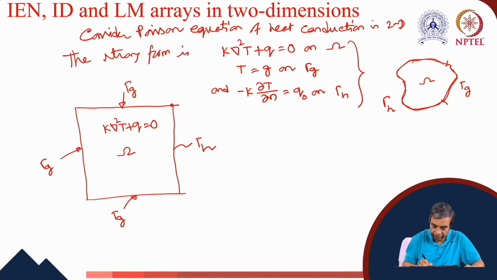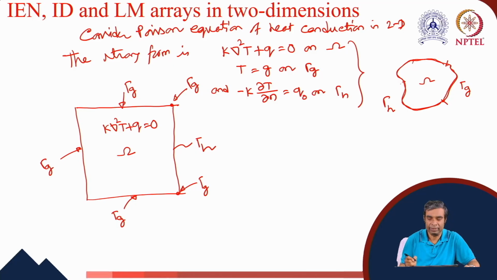The corner points, they are the junctions of essential and natural boundaries, or they are common points, but the essential boundary condition gives the specified value of temperature. Because of this, these two conditions are considered as part of the essential boundary. So these are associated with the gamma G, these corners.